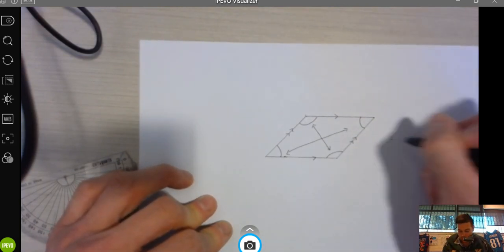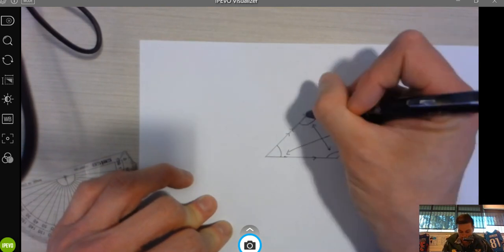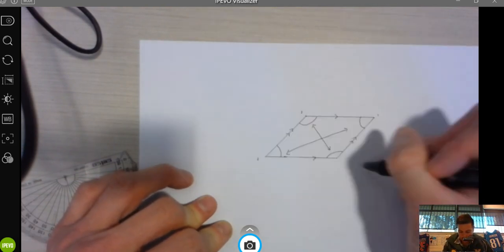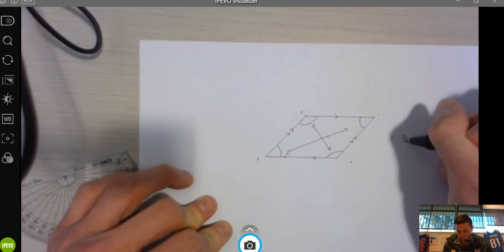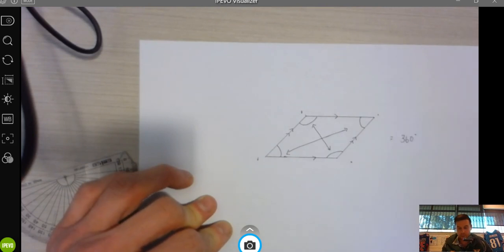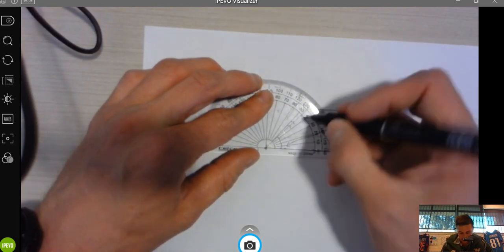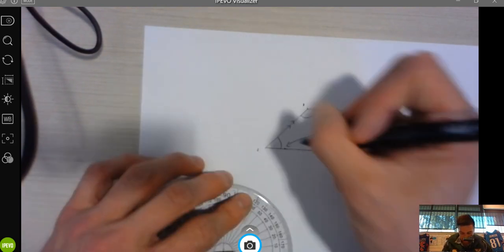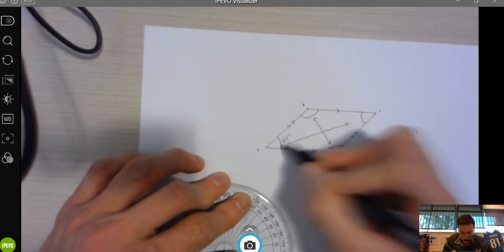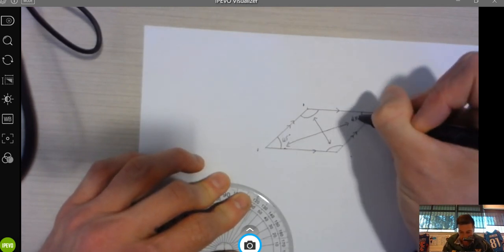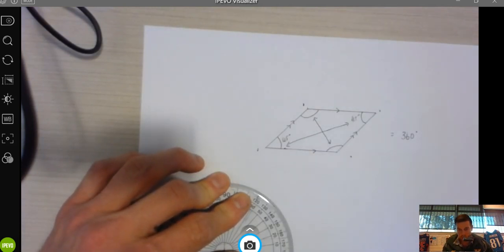Also, a parallelogram, all four angles, okay, so this side, this angle, and this angle, all equal 360 degrees. So if we were to measure this, okay, let's measure it. Okay, let's say that one's 45. So if that one's 45, this one should be 45 degrees. Okay, perfect.